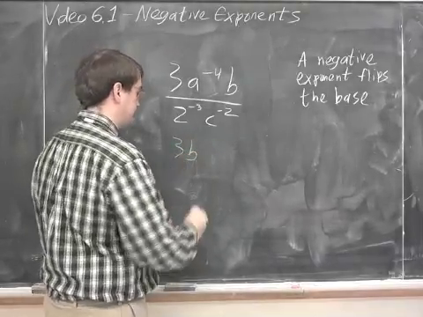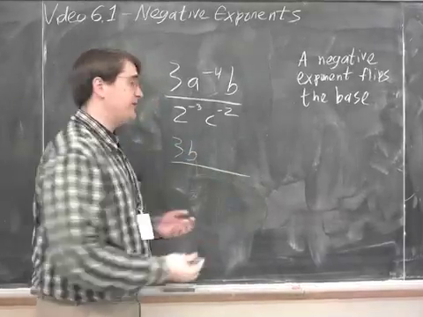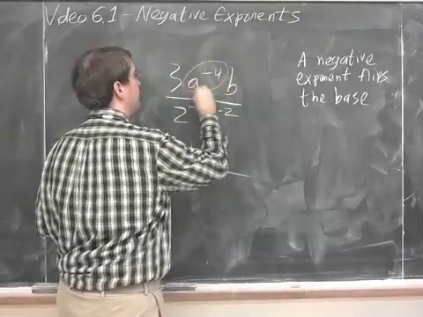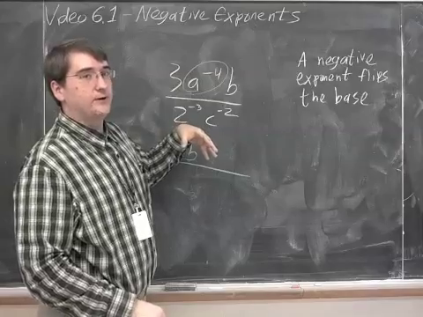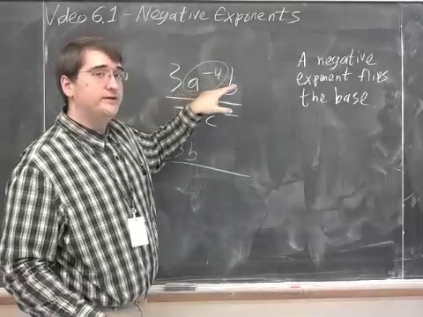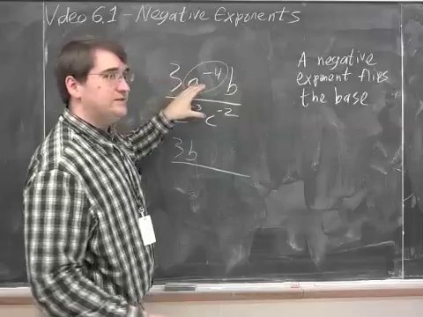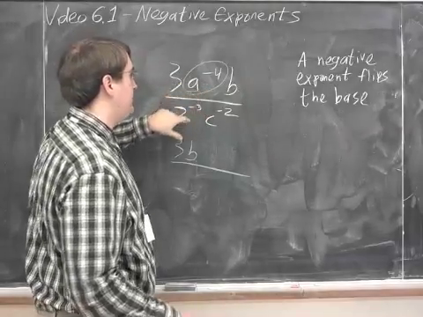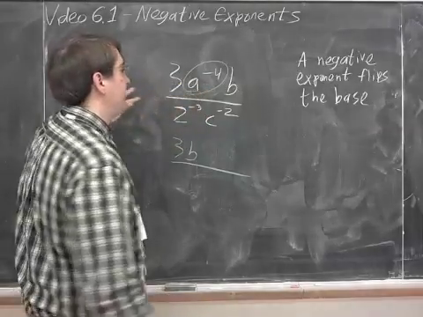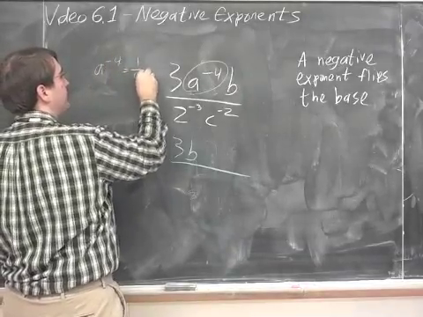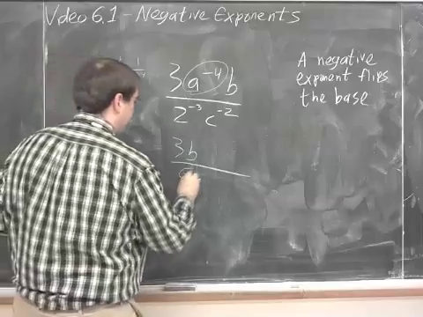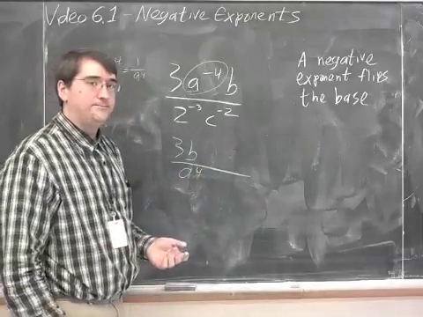They don't change. We'll do the rest of this piece by piece. A to the negative 4 would turn into 1 over a to the positive 4. But since this is already a fraction, it's easier to just put the a in the denominator. Since that's, after all, what would be happening if we had a to the negative 4. That's 1 over a to the positive 4. So we'll just put a to the positive 4 there on the bottom.